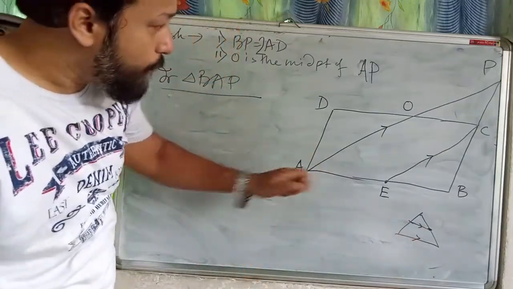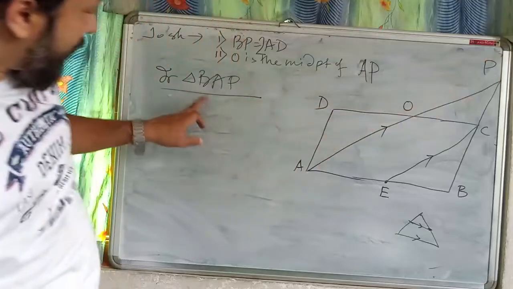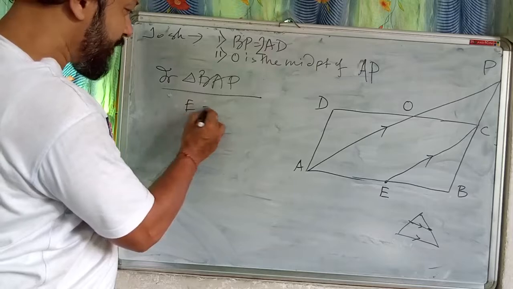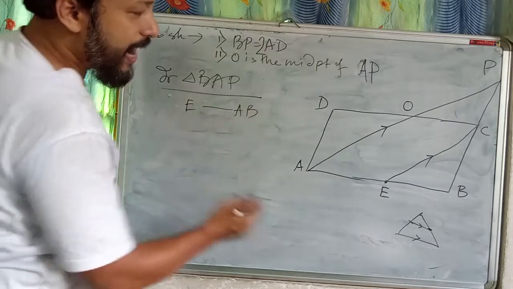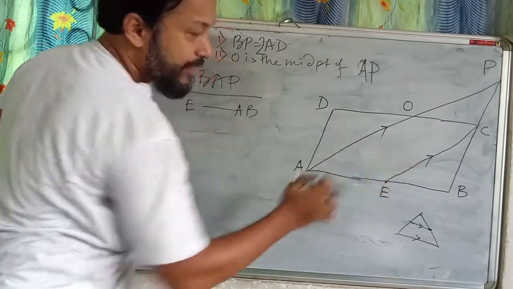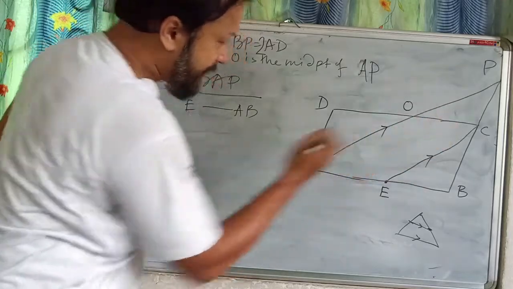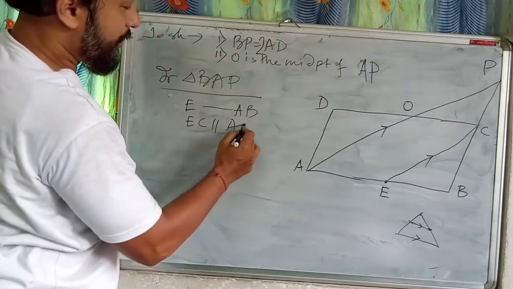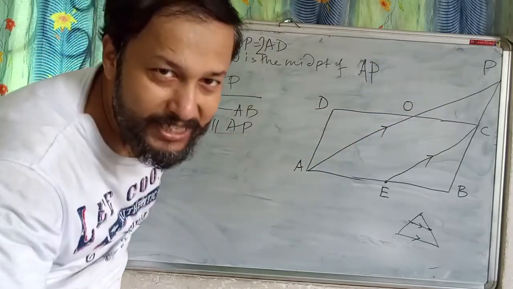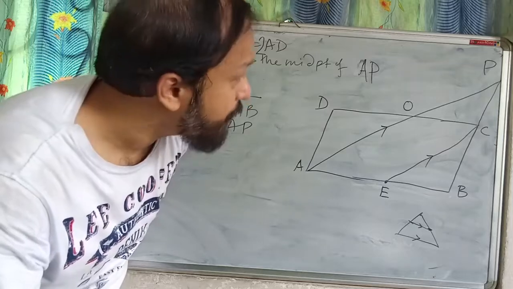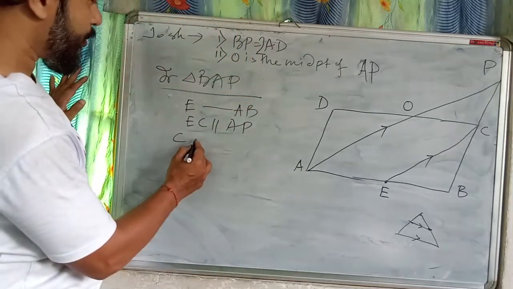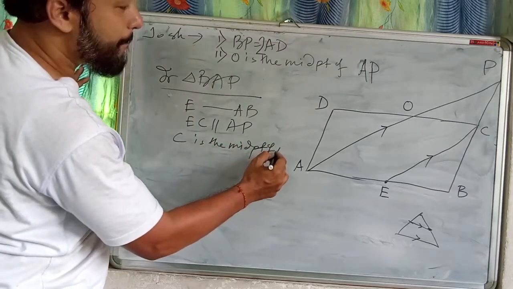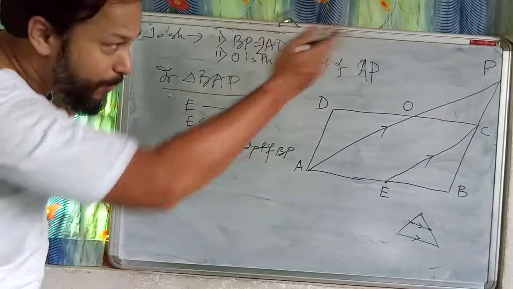So in triangle BAP, E is the midpoint of AB, and EC is parallel to AP, as given in the question. So what can we say? Yes, C is the midpoint of BP.